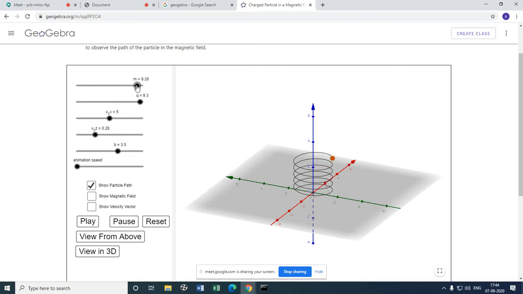We can control many things. If mass increases, the time period is increasing, and if it decreases, the time decreases.